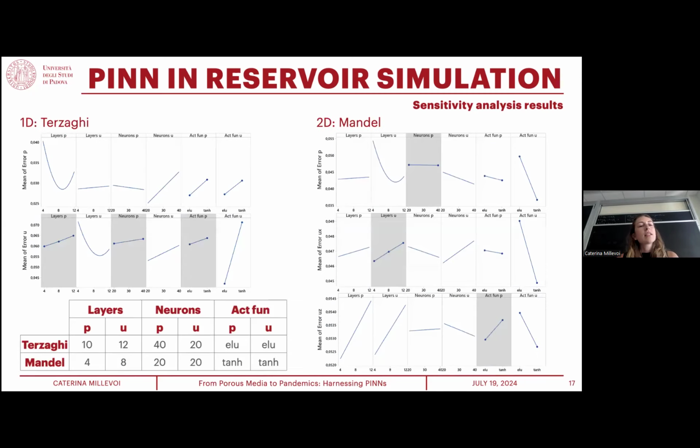Instead, these are the mean error plots for both the displacement and pressure for the 1D and 2D problems. The rule here is: the steeper the line, the higher the significance of the hyperparameter.